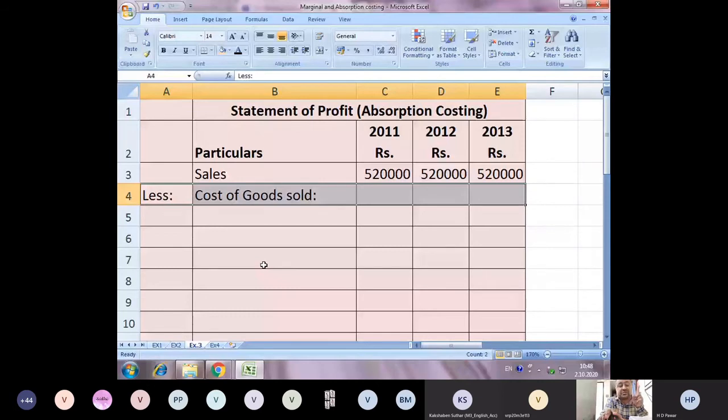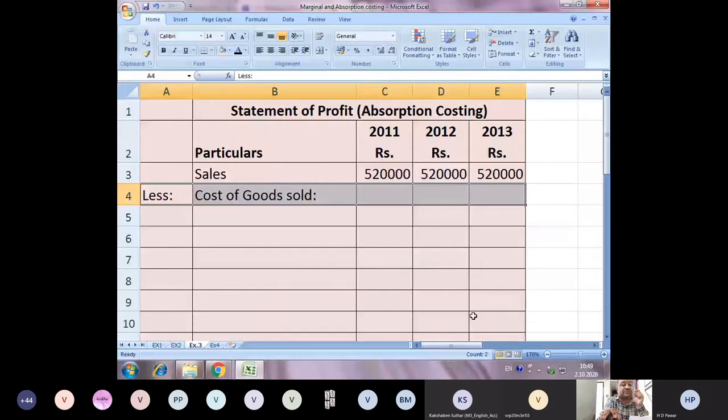And fixed cost per unit is not directly available, but it says annual fixed cost is 2,25,000 and normal production capacity is 1,50,000. Now tell me, what is the fixed cost per unit of production? That is 2,25,000 divided by 1,50,000.